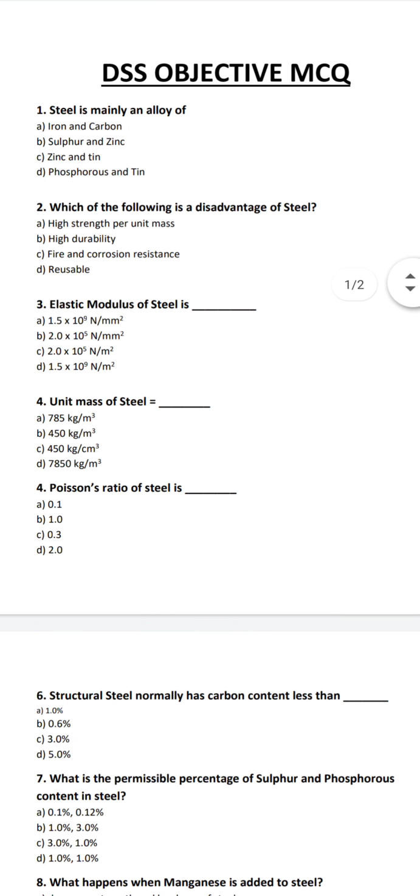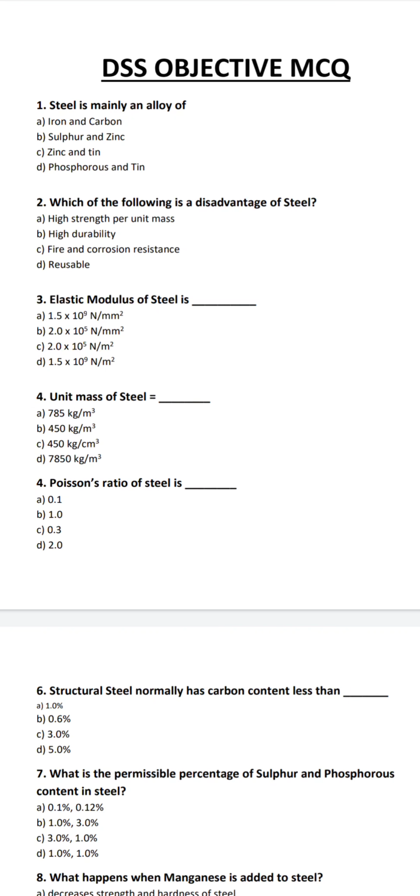As per IS 800 2007, elastic modulus of steel should be 2 into 10 to the 5 Newton per mm square. Do not go for Newton per meter square, because Newton per meter square is something different from Newton per mm square. Clear? 1 centimeter is equal to 10 mm. Based upon that, your units are converted.